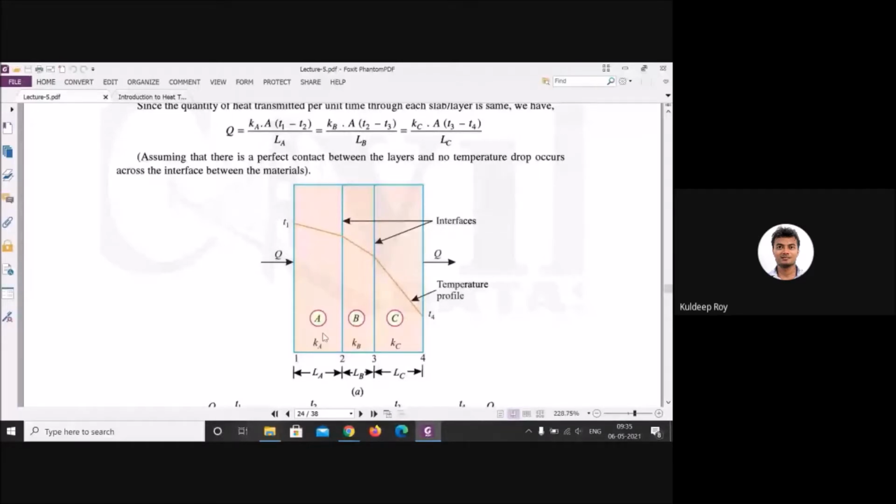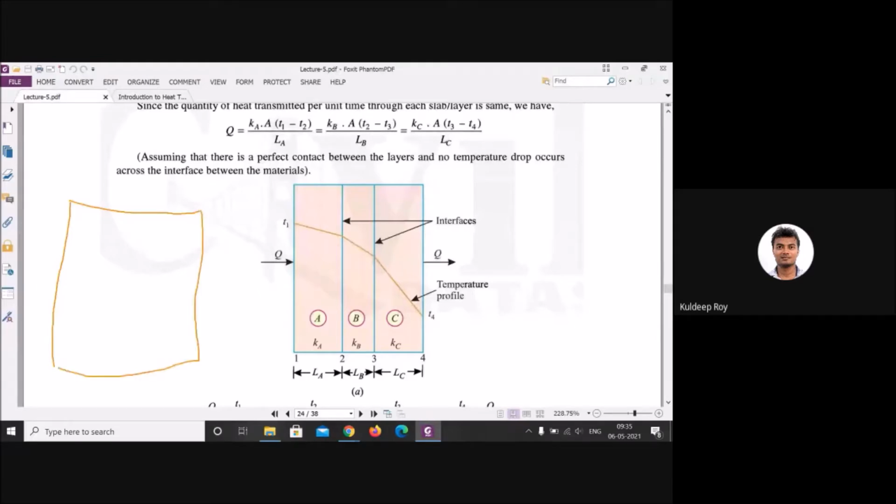And one more thing, if anyone asks how you draw the temperature variation in a particular slab, then keep in mind that it will depend on the thermal conductivity of that particular material.